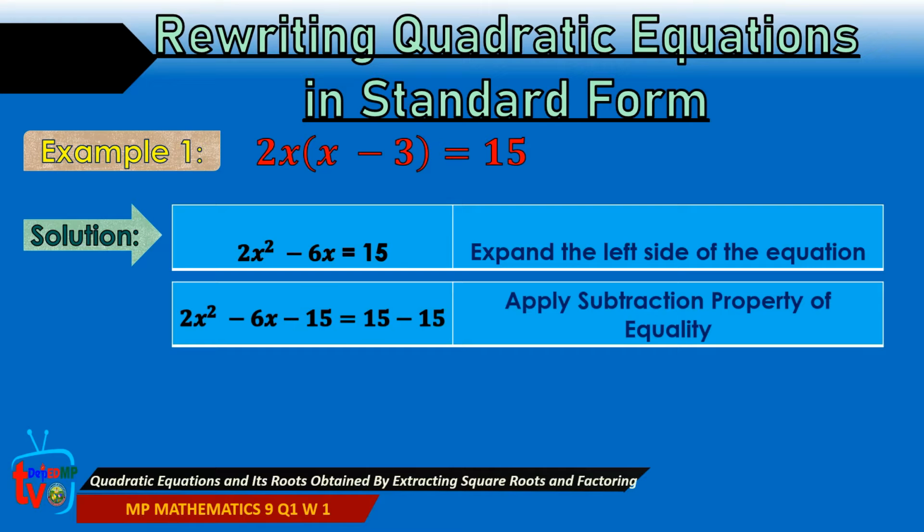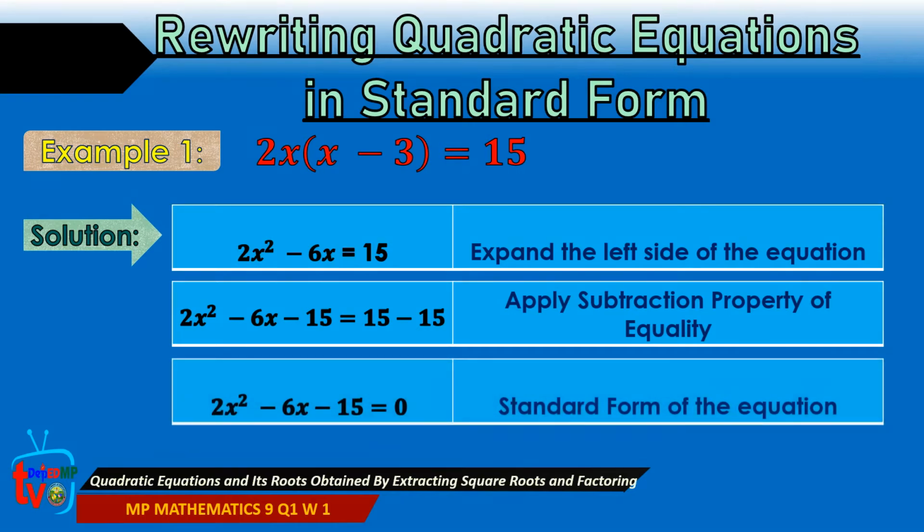So we will have 2x squared minus 6x minus 15 is equal to 15 minus 15. Further going, we will now have the standard form of the equation to be 2x squared minus 6x minus 15 is equal to 0. Remember that 0 came from 15 minus 15.